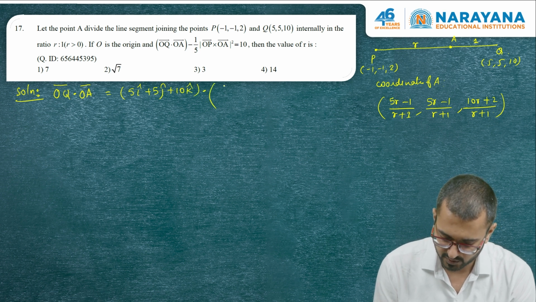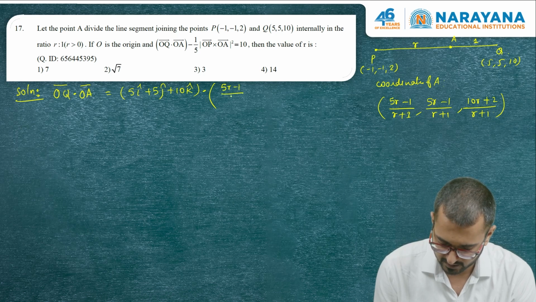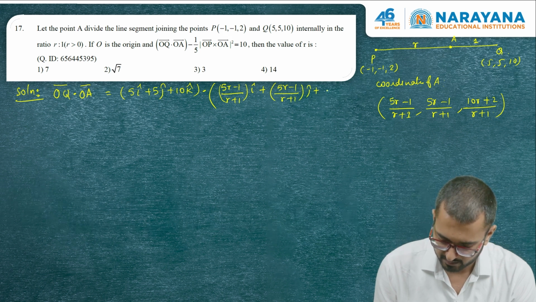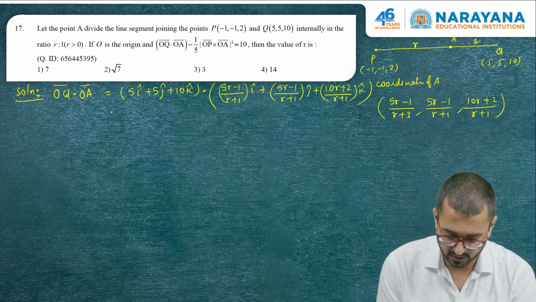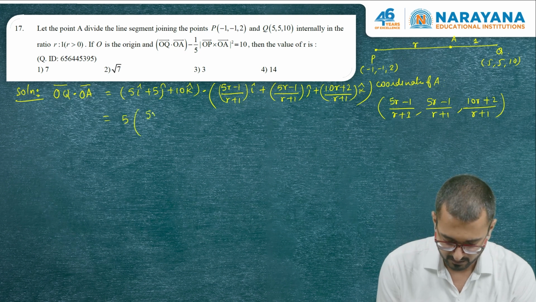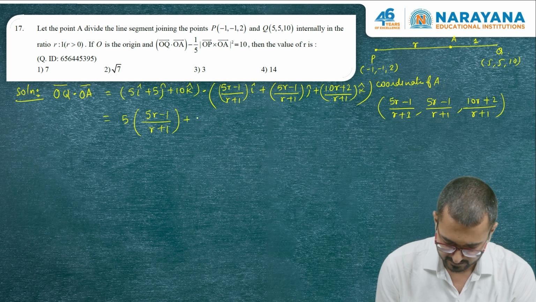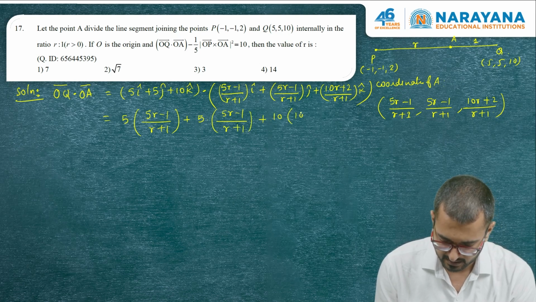So OA is going to be (5r minus 1)/(r plus 1) i, plus (5r minus 1)/(r plus 1) j, plus (10r plus 2)/(r plus 1) k cap. So if I take the dot product I'll be getting 5 times (5r minus 1)/(r plus 1), plus again 5 times the same quantity (5r minus 1)/(r plus 1), and then plus 10 times (10r plus 2)/(r plus 1).